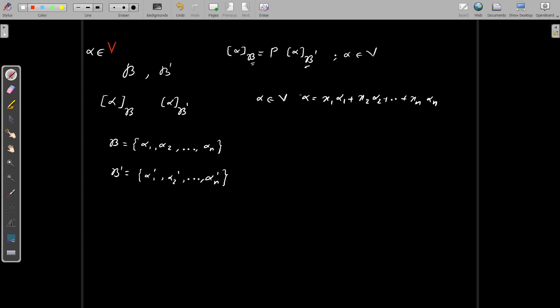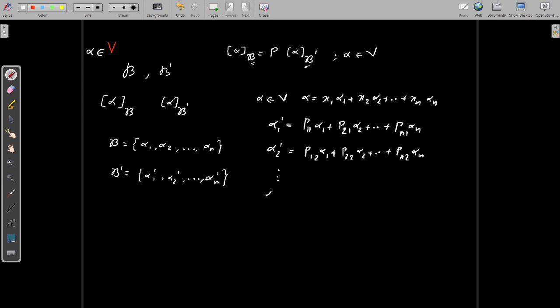So alpha 1 prime can also be written as p11 alpha 1 plus p21 alpha 2 plus etc. pn1 alpha n. In general, alpha 2 prime can also be written as p12 alpha 1 plus p22 alpha 2 plus etc. pn2 alpha n.